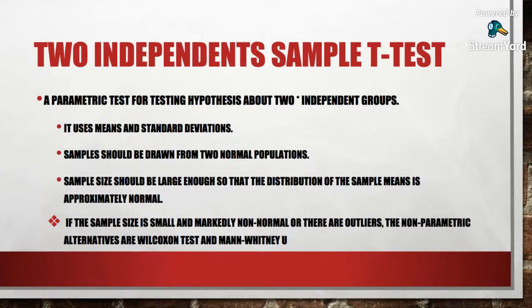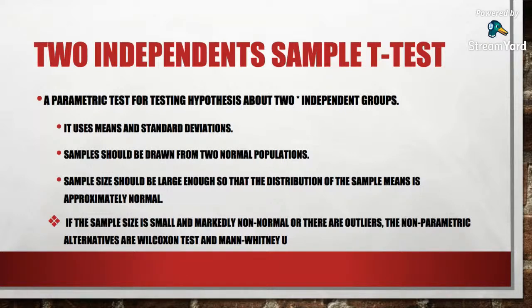In that case, we say that the groups do not affect each other. So for example, ano pa bang pwede nating ibigay na sample dito? Let's say we test brand A and brand B. Okay, so brand A and brand B, magkaiba silang brand. So these two are independent groups.